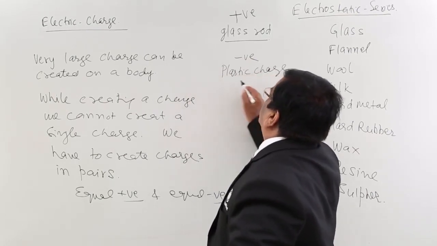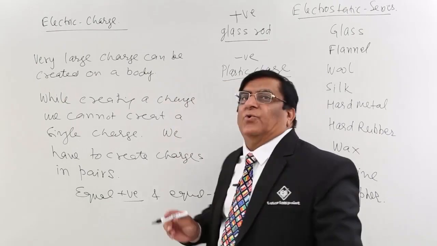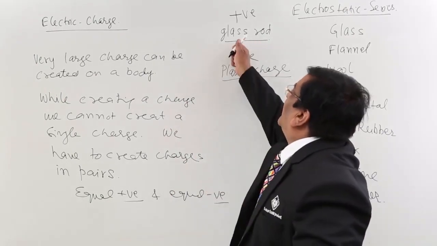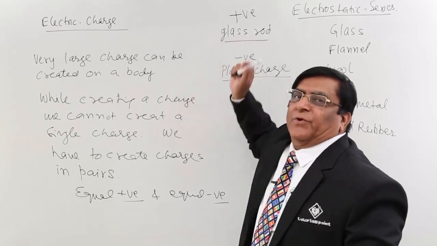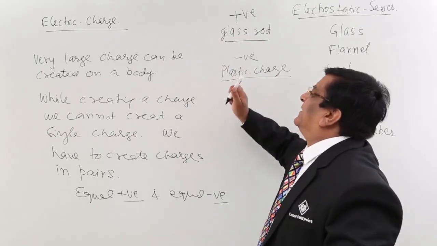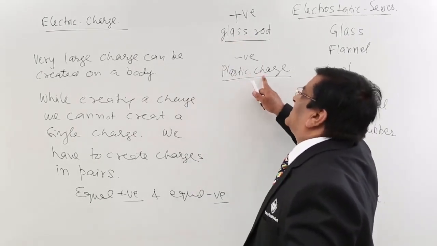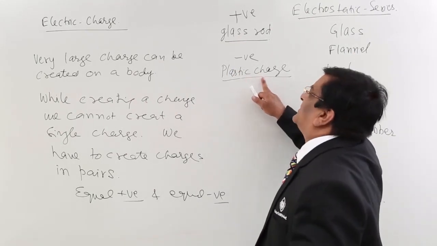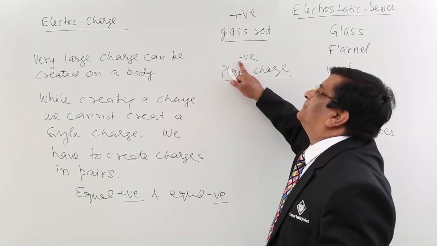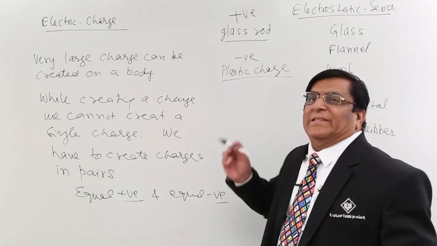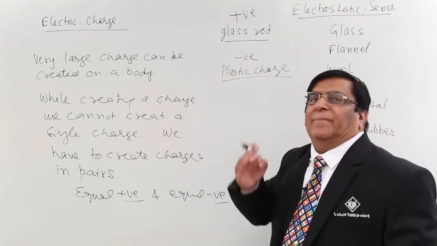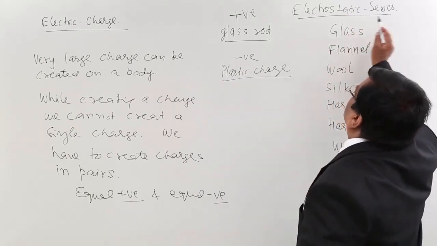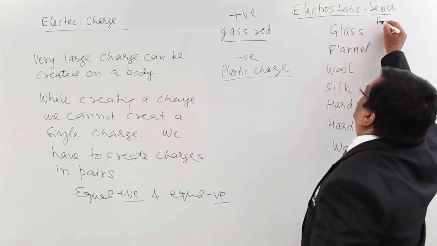Okay, what about the other things? He rubbed many things. Anything which is repelling glass is positive, and anything which is attracting plastic charge is positive. Anything which is repelling plastic charge is negative. With the help of this principle, he made a series which is called Faraday's series or electrostatic series.